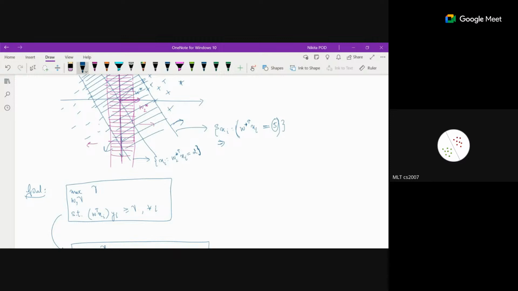Here we are saying that this gamma is 5, but it is always possible that if we divide it by 5, we will get another w, that would be w star transpose by 5. Let's write this as w star dash transpose xi to be 1.